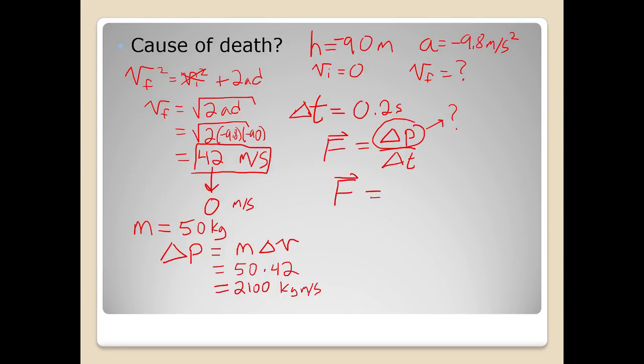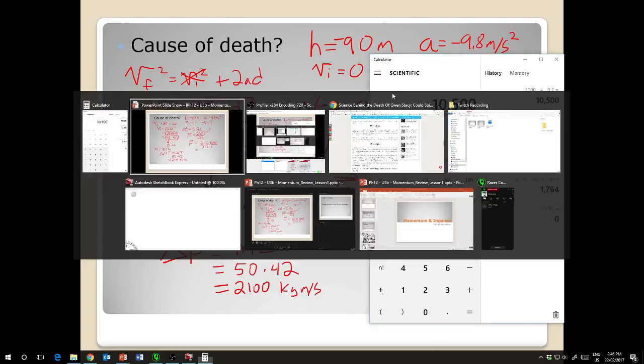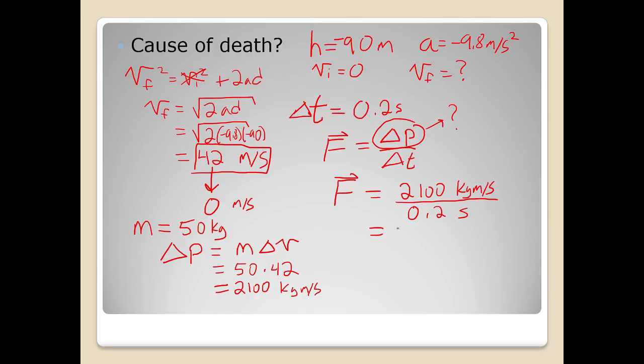So let's calculate the amount of force needed to change her momentum in a very short amount of time, 0.2 seconds. When you calculate 2,100 divided by 0.2, she feels a force of approximately 10,500 kilogram meters per second squared, which is just 10,500 newtons.